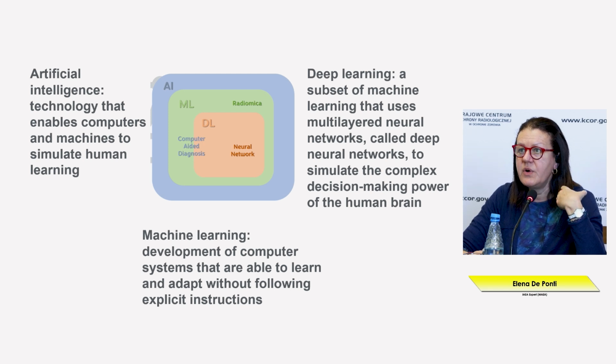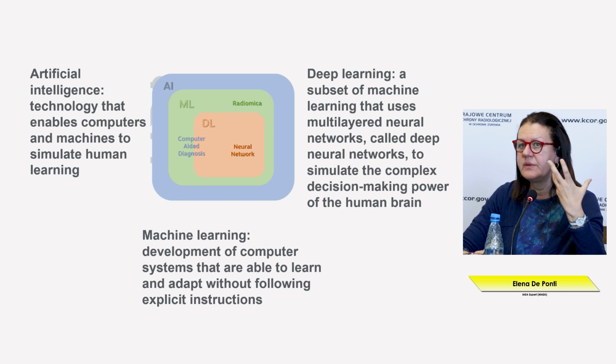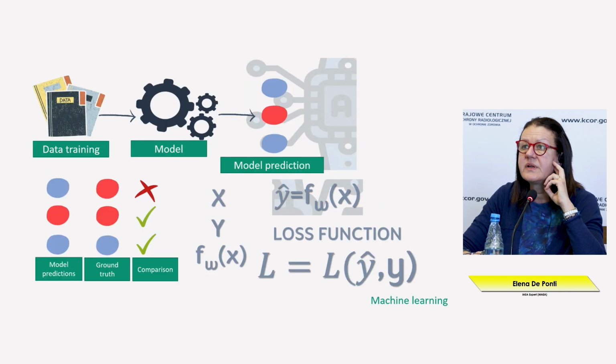When we see something and we ask our brain, what am I looking at? Our brain records shape, colors, dimension, background, all the features of what we are looking at, and gives us the answer. That's the way that deep learning works.